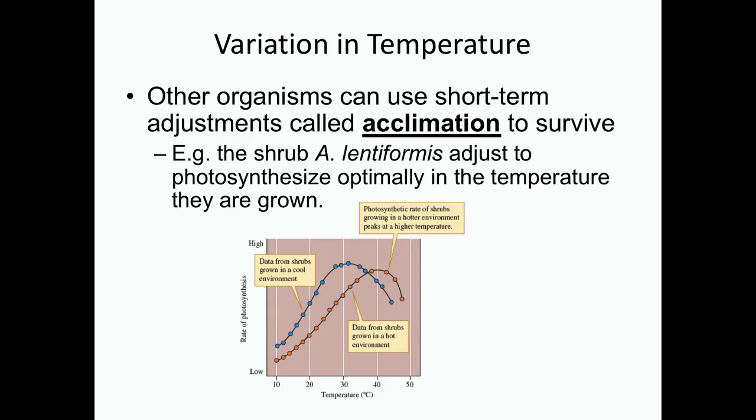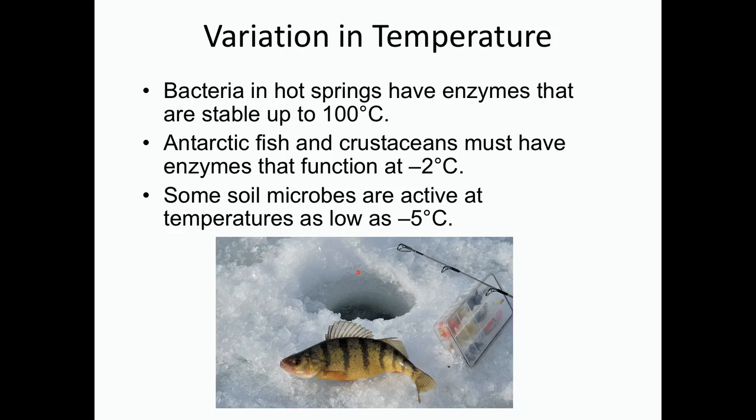And one way that a lot of these organisms are able to do this is they're able to produce enzymes that function well at different temperatures, or they're able to modify their enzymes so that they can function better. So it has an enzyme or an enzyme form that functions better at a lower temperature and an enzyme form that functions better at a higher temperature, and depending on what temperature it's grown in, it'll produce that different enzyme.